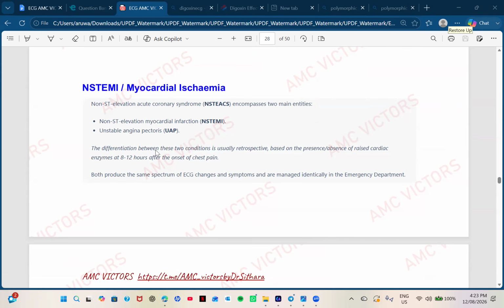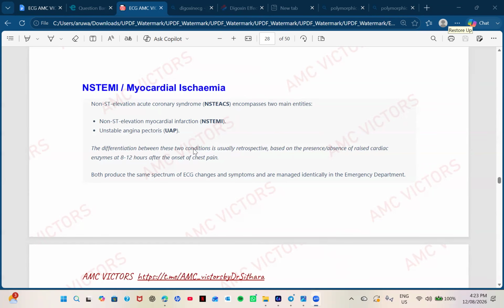So how do we differentiate non-STEMI from unstable angina, doctors? What is the key difference between those two things? Tell me, doctors. Yes, according to the cardiac enzymes, right.